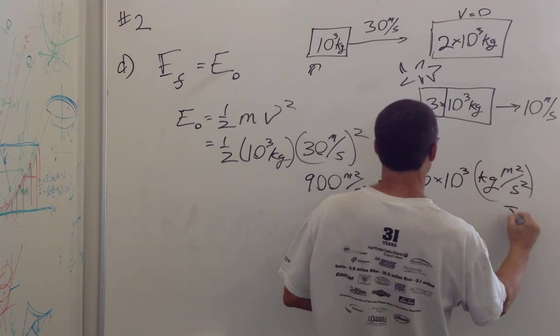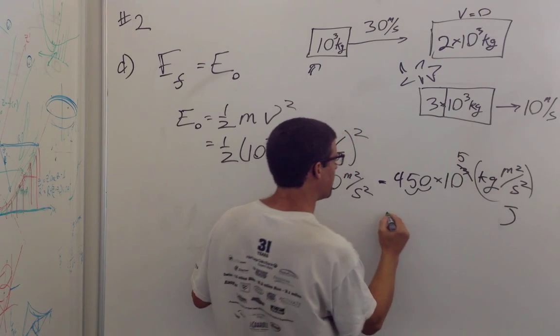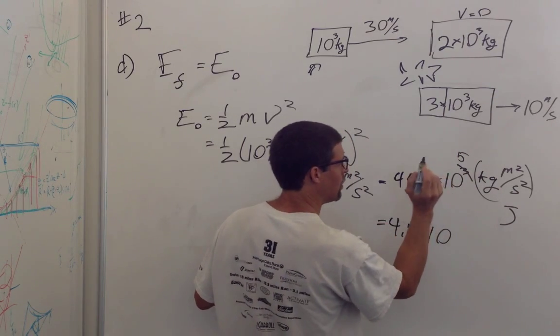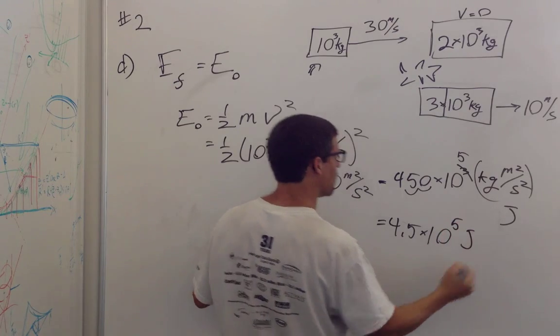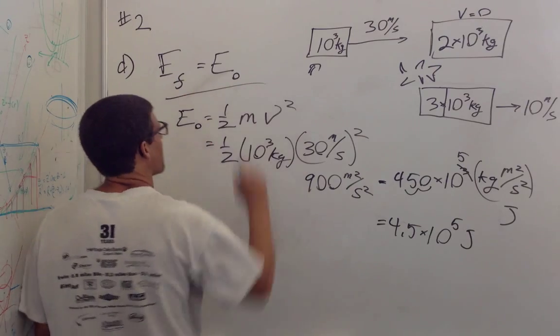That's a joule, right? And so this is 4.5 times 10 to the fifth joules, 450 kilojoules. So that's my energy before.